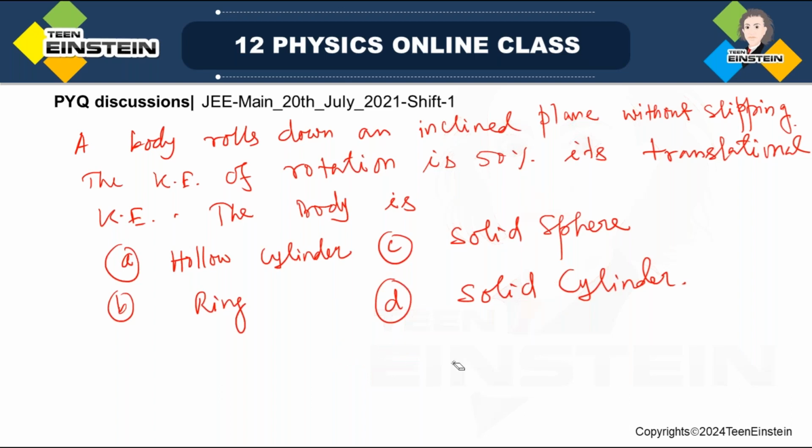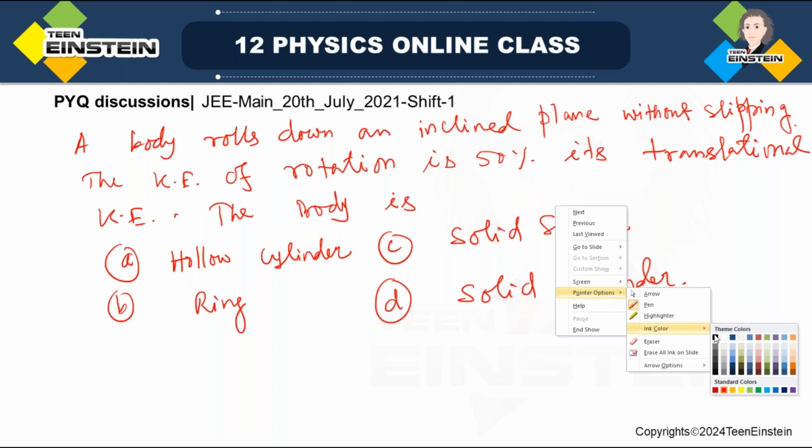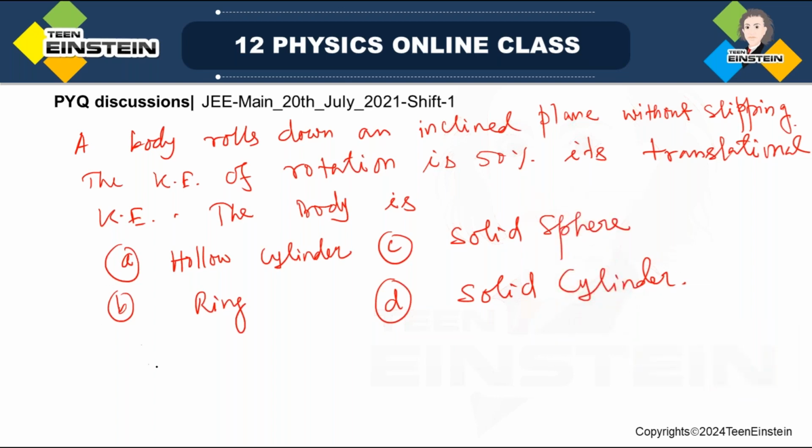Black we'll take. The rotational kinetic energy is given by K rot equals half I omega square, right? And translational kinetic energy KT is given by half m v square, right?